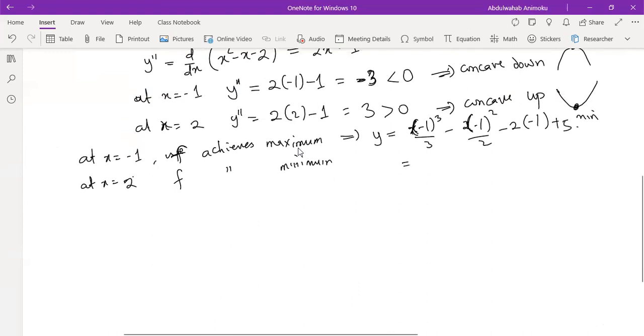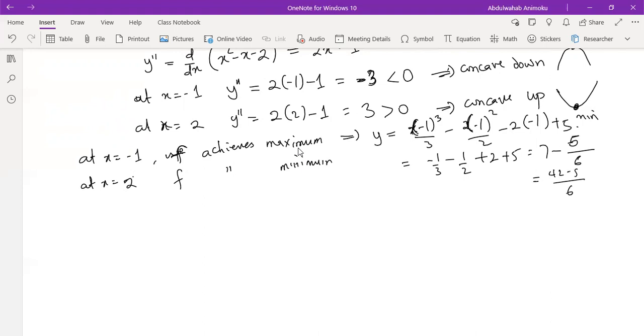So when we evaluate this, we have minus 1 over 3, minus 1 over 2, plus 2, plus 5. So that will give us 7 minus 5 over 6, which is basically 42 minus 5, which gives 37 over 6. So this is what we have as the maximum of this particular function.